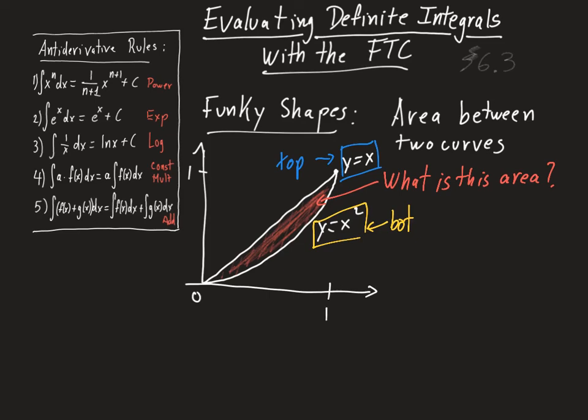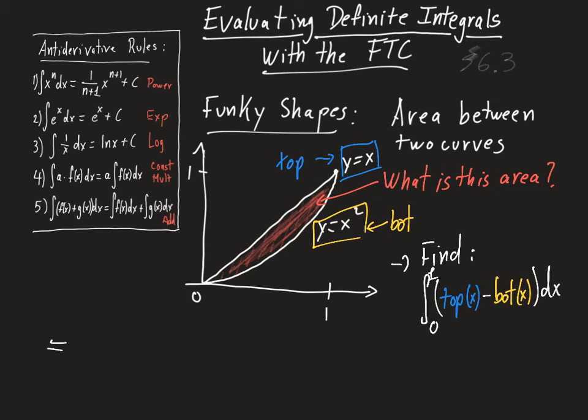And then you find the following definite integral. You're going to take the integral of the top function and subtract from it the bottom function. And we're doing this definite integral from 0 to 1 because 0 to 1 is the interval we're looking at here.